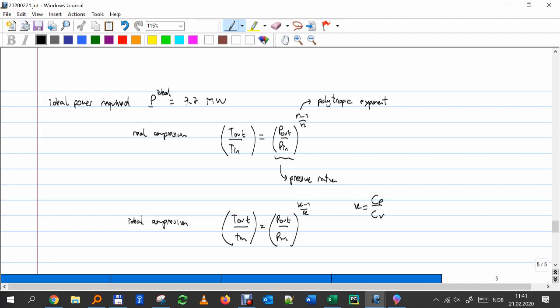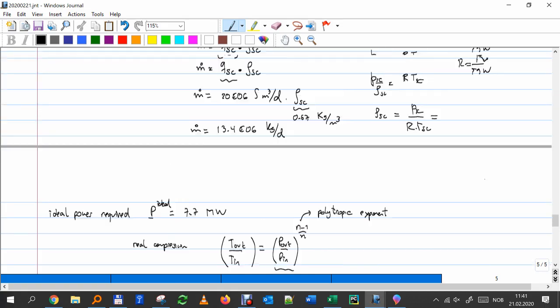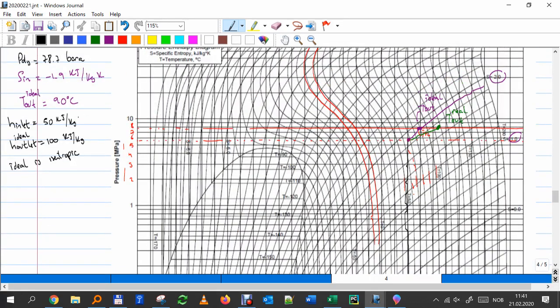These are properties of the fluid. So if it's ideal, that means the isentropic process, I can use the equation with K to find that temperature. And if it's non-ideal, then the manufacturer has to give me this n to calculate the end temperature. Okay?